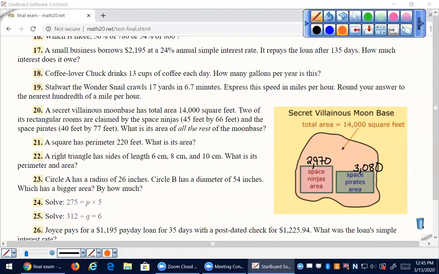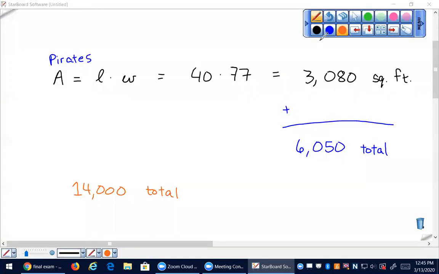Just take them away. I'm subtracting away those 2 rectangles. So I get 7,950 left over.